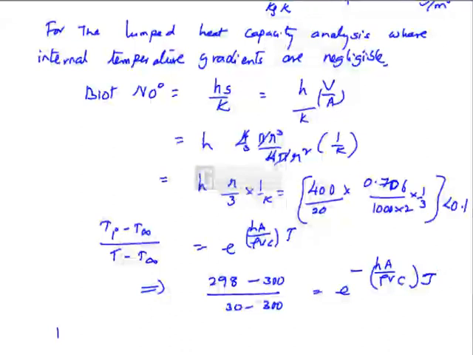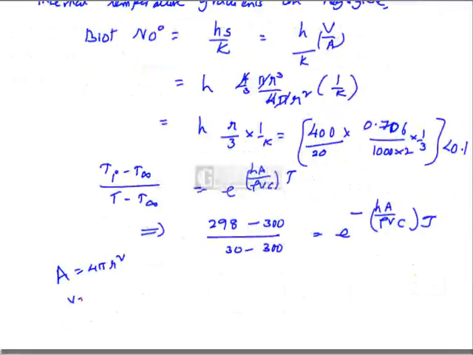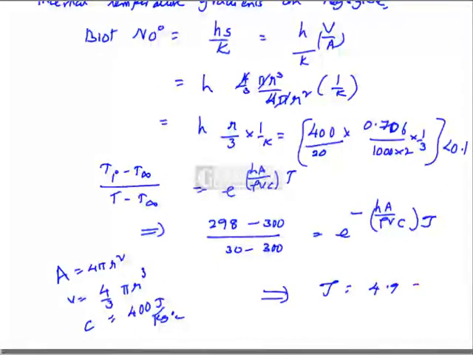Everything else is given here. A is 4 pi r square, volume is 4/3 pi r cube, H is also given, specific heat capacity is 400 joule per kg degree centigrade, implies the time taken by the thermocouple junction would be 4.9 seconds. Hence B is the answer.